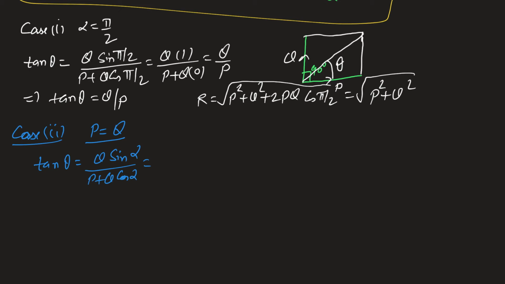Both are equal, say P, both are equal to P. So this will be sin alpha over 1 plus cos alpha.